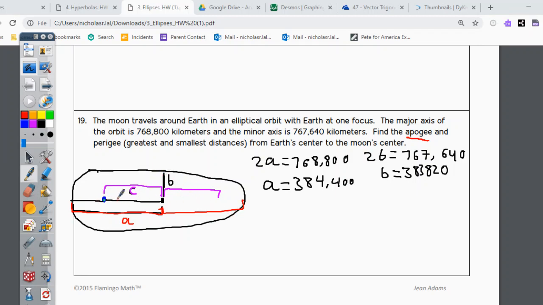The apogee is going to be the longest distance that you can have from the Earth to the place where the moon could be, and that's going to be the distance between when the Earth is at the focus and when the moon is in this location right here. So that apogee is going to be C plus A. So let's solve for C.